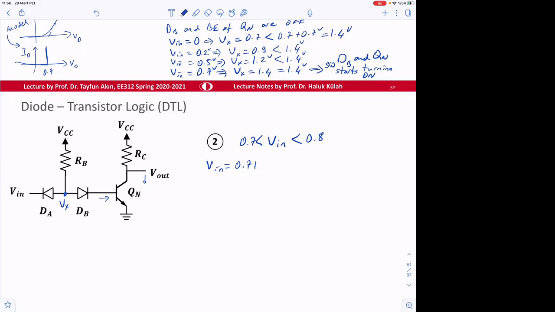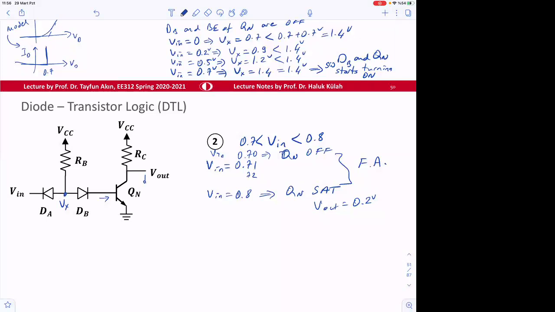And then when Vn reaches 0.8, we know that Qn is in saturation. Qn in saturation means V out becomes 0.2 volt. Here, at 0.70, transistor Qn was off or forward active. So in here it's actually in forward active.